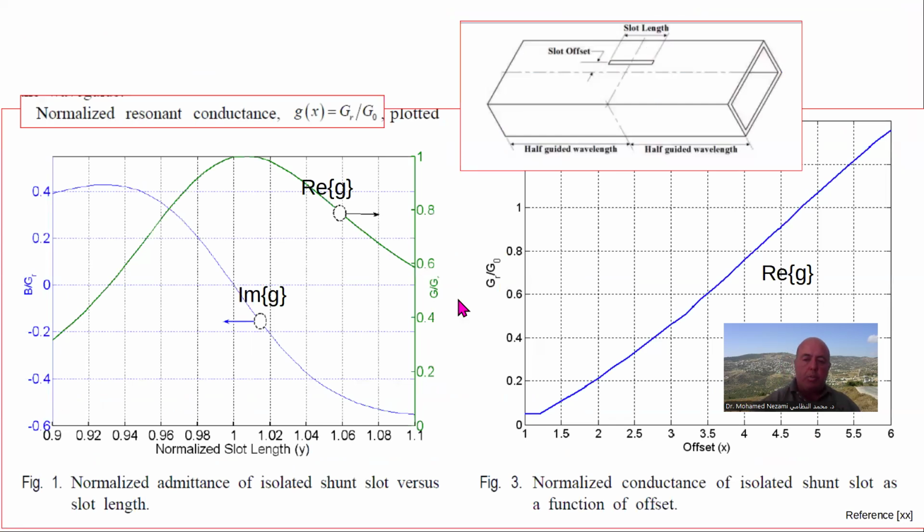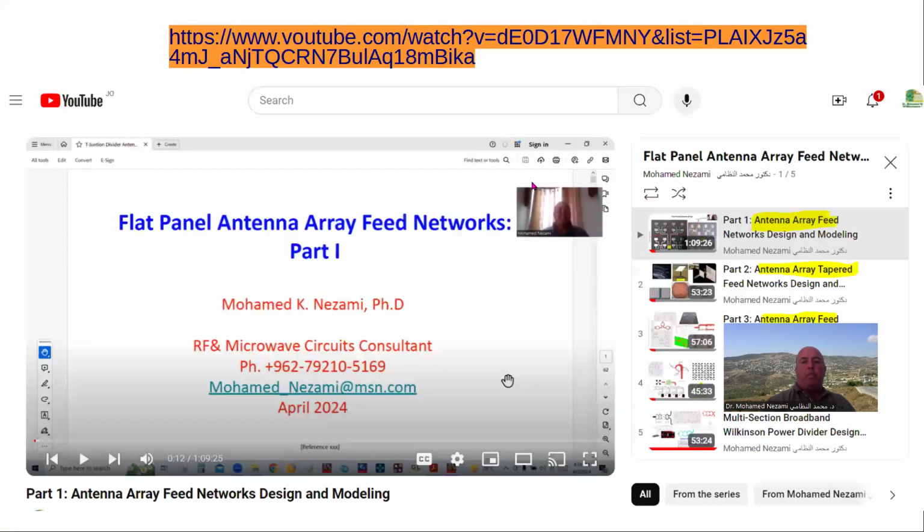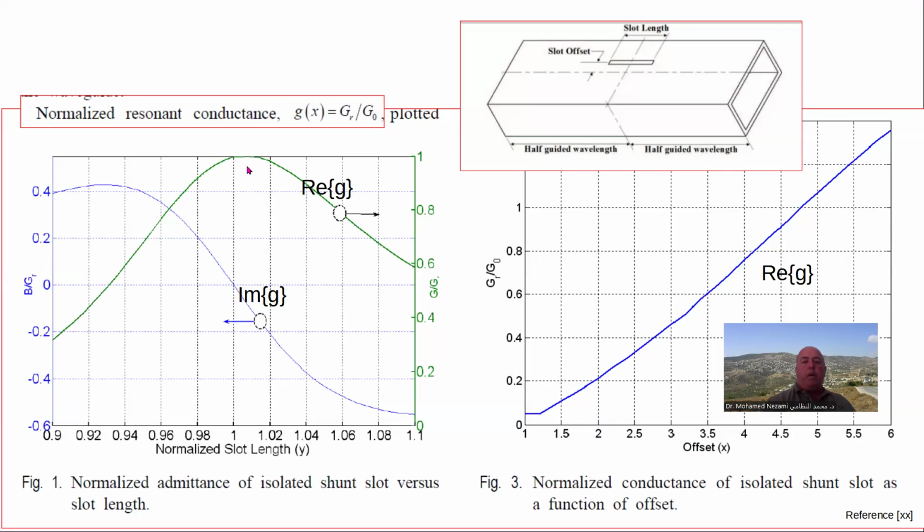That's perfect, because you start out with a closed analytical solution for the slot length, but then you have to tweak it in HFSS. So you do this by monitoring the point where the imaginary part of these G's is exactly zero, okay, and that will be exactly your resonance frequency. And the same thing for the offset.